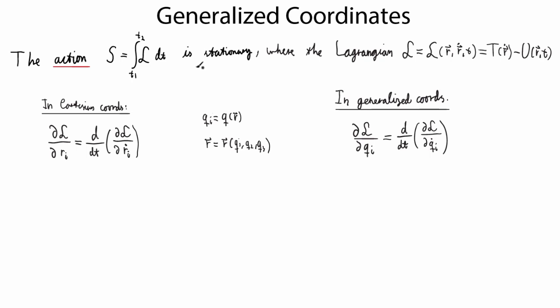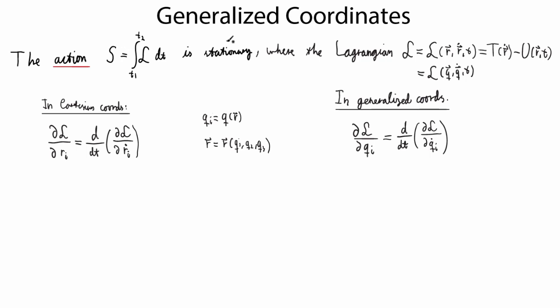We also said that we can make any variable change we like here. Right? The Lagrangian is the Lagrangian. It's here dependent on Cartesian coordinates, Cartesian position, Cartesian velocity, and time. But we could make a variable change so that it depends on some other set of coordinates, the corresponding velocities and time, given by this transformation. The action is still the same action.